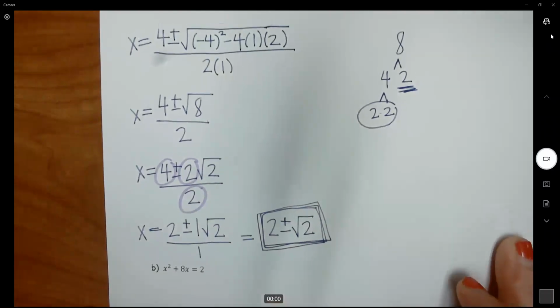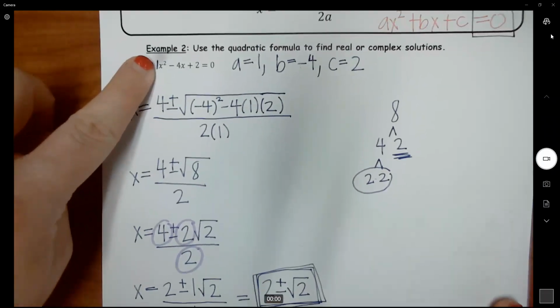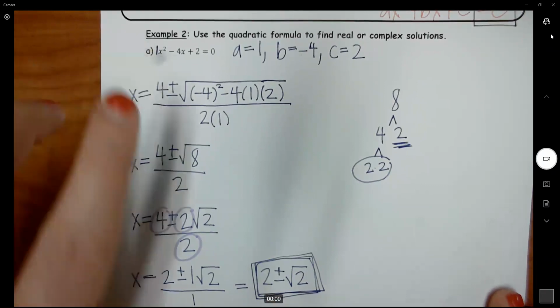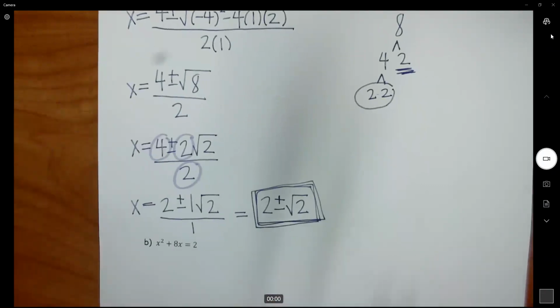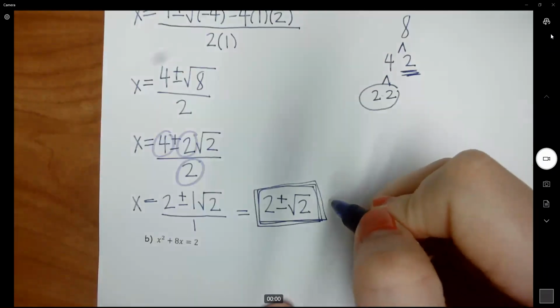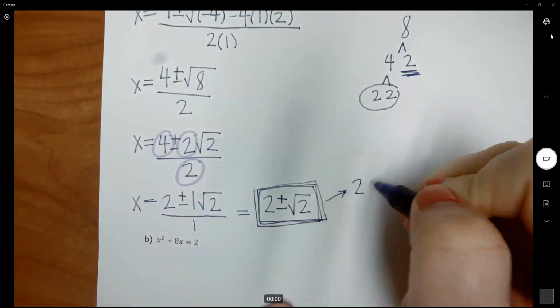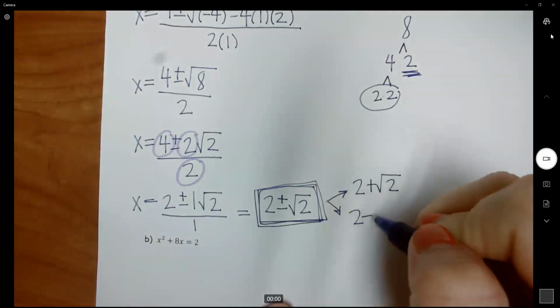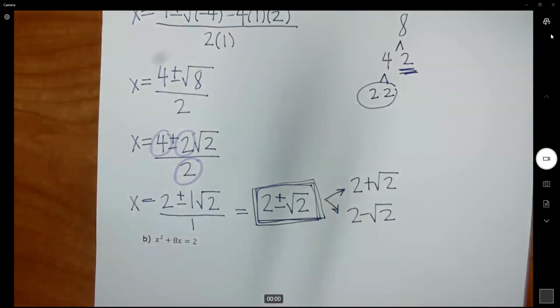Okay, if you remember from last video, I have a quadratic because I have that squared. So that means I have 2 answers. This represents my 2 answers. This means 2 plus the square root of 2 and 2 minus the square root of 2.